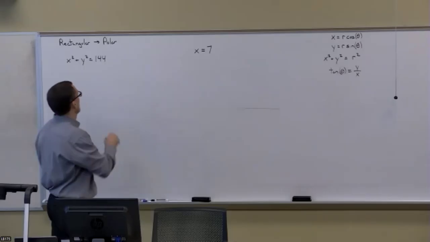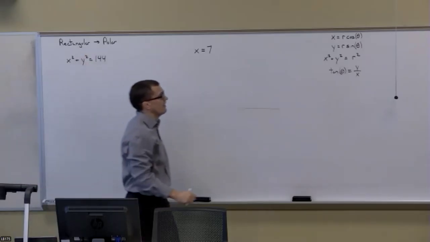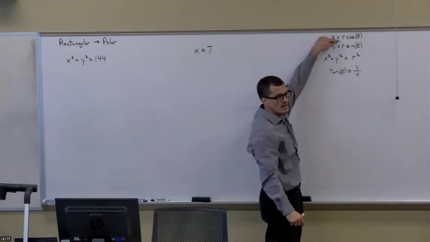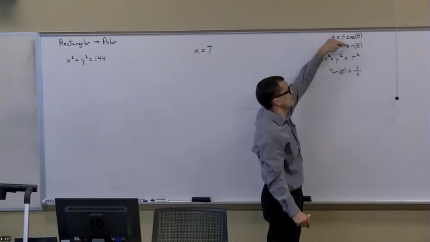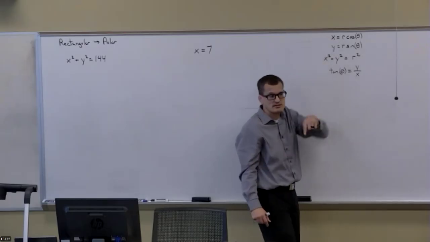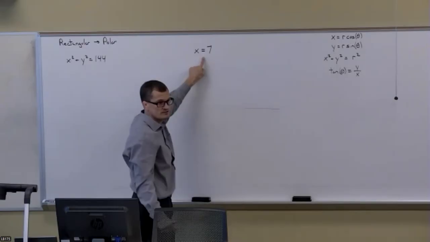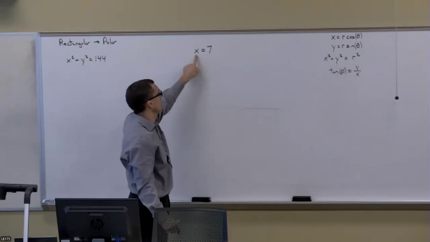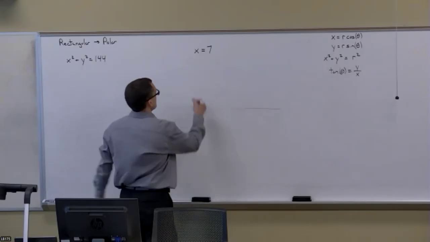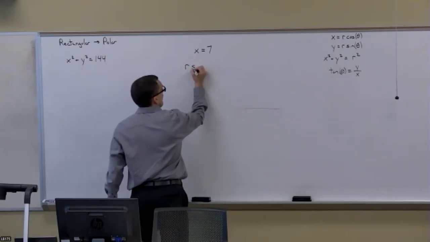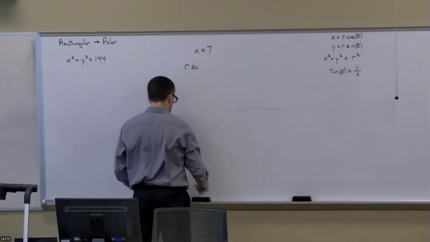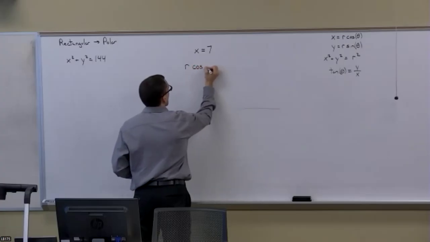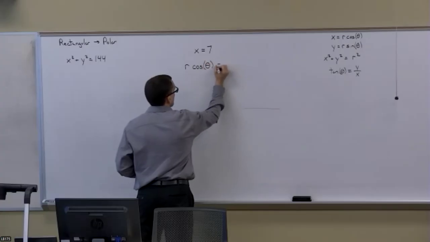Now, if we're going from rectangular to polar, we can always substitute every x I see with an r cosine theta and every y I see with an r times sine theta. So let's do this one first. Is that right? If I'm doing this one first, then I just say, oh, there's an x there. So let's substitute r cosine theta for my x.